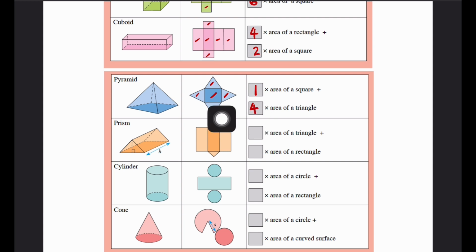Next, prism. If your prism looks like this, the net will be like this. So in this example, we have 2 triangles and then we have 1, 2, 3 rectangles.